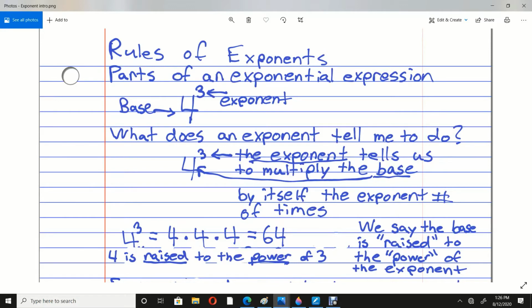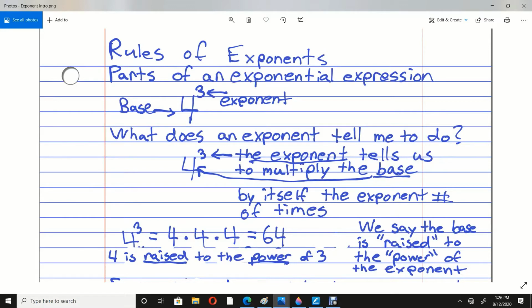Correct? Okay, good. So what does an exponent tell me to do? Well, the exponent tells us to multiply the base by itself the exponent number of times. For example, we have 4 to the 3rd power, 4 with the little 3 superscript. That's going to tell us to multiply 4 times itself 3 times. So 4 times 4 times 4, which equals 64.